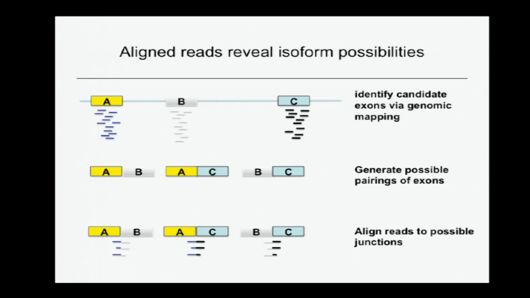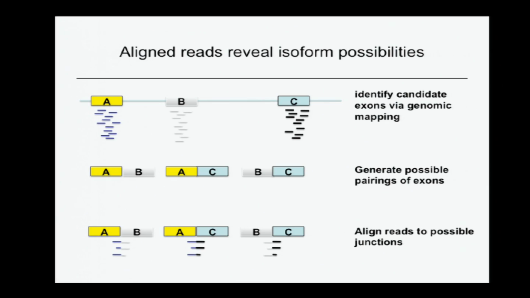But what we're going to assume is that we have enumerated all the isoforms, and we're going to number them 1 through n. So we have isoform 1, isoform 2, isoform 3 for a given gene. And what we want to compute for each isoform is its relative contribution to the read population we're seeing that maps to that gene.